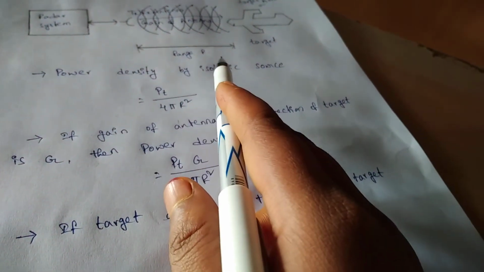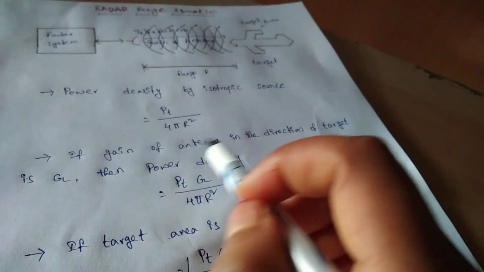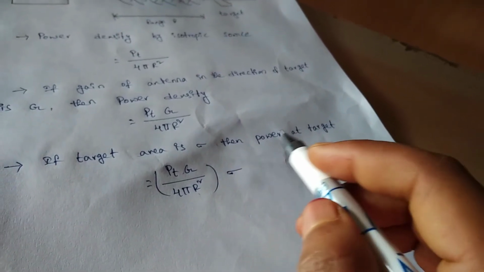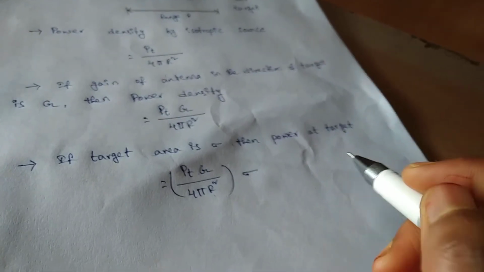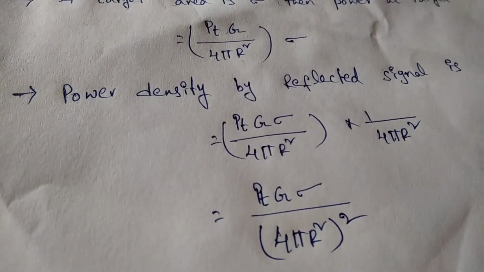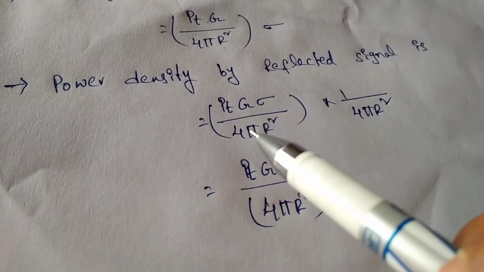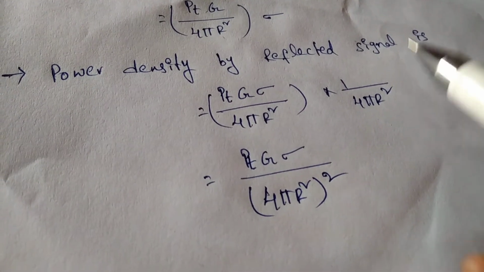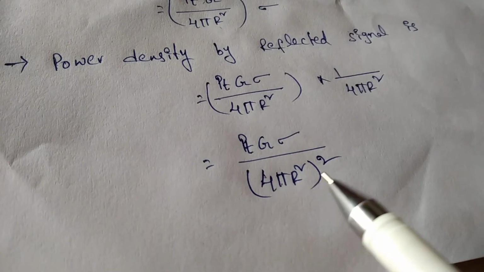So the power density by the reflected signal is PtG sigma by 4 pi r square into 1 by 4 pi r square. So we can say PtG sigma by 4 pi r square whole square.